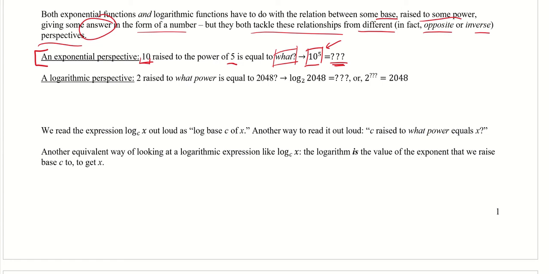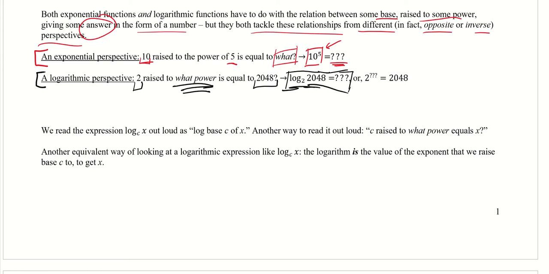For a logarithmic perspective, it might ask a question like this: base 2 raised to what power is equal to this number? So we have base 2. What is the exponent that we have to raise base 2 to get 2048? That's a logarithmic question, and we usually write logarithmic questions like this.